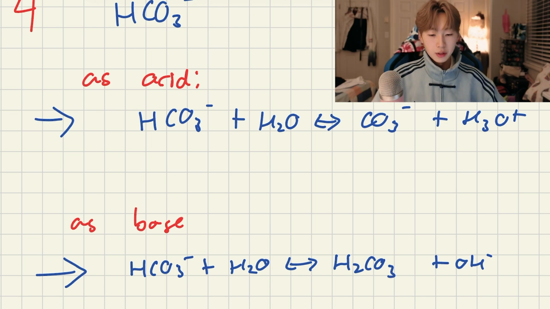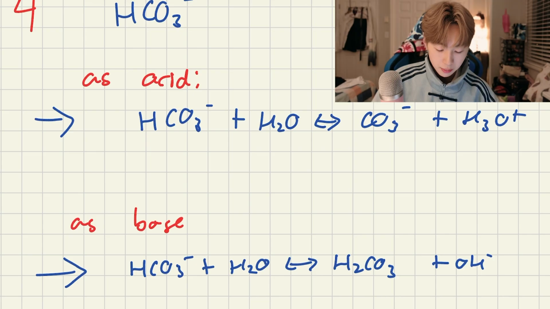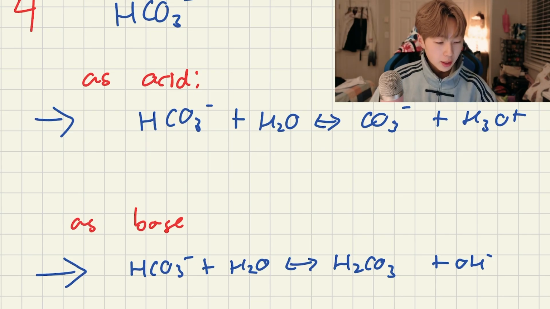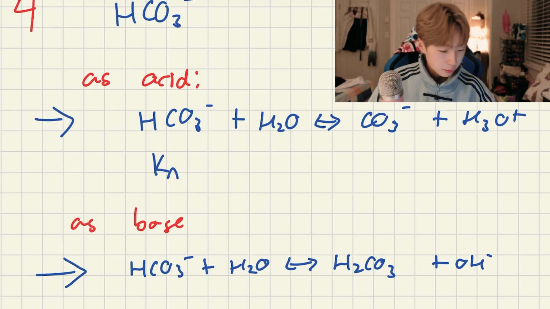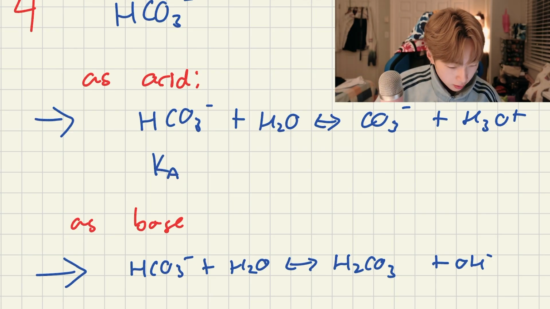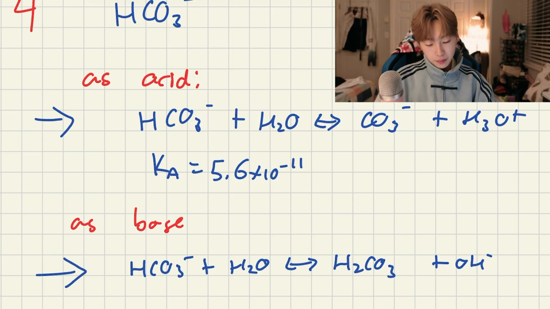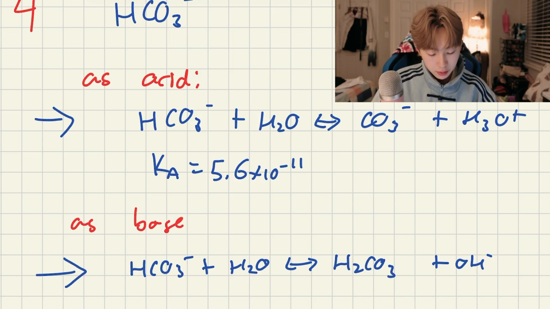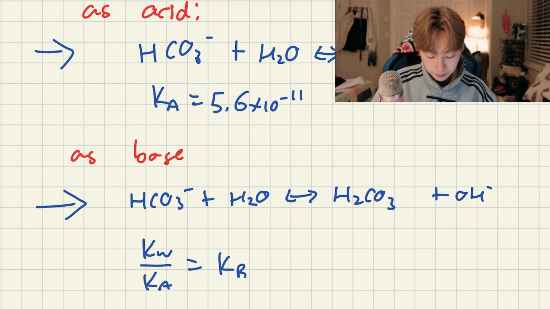And similar to our last example, we have to compare our Ka and Kb values. And we have to reference our chart here. Our first one, our Ka, if we look at it, it's going to be 5.6 times 10 to the negative 11. And our second one, we can't find a Kb, so we have to do Kw over Ka is equal to Kb.